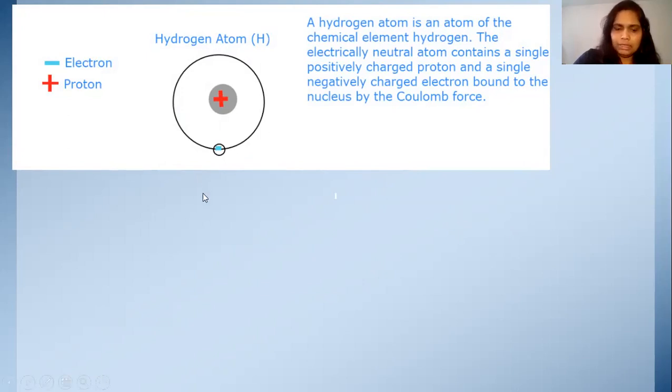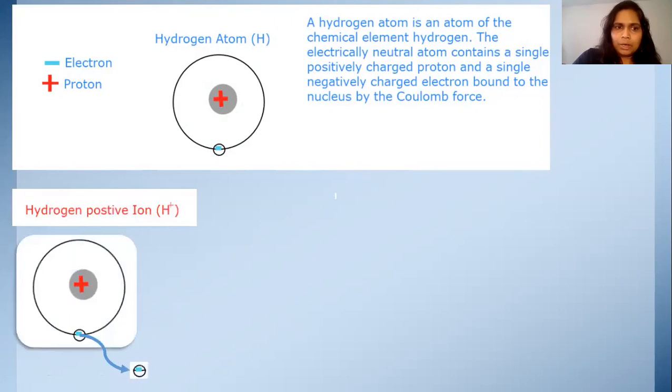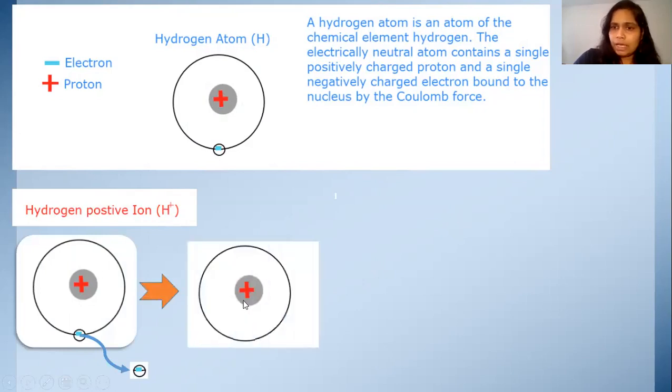Then think about, in any way, if we can kick out one of the electrons. It has only one electron, and if we can kick this off from the orbit, then there will be only one proton left behind, right? We took that electron away from this atom.